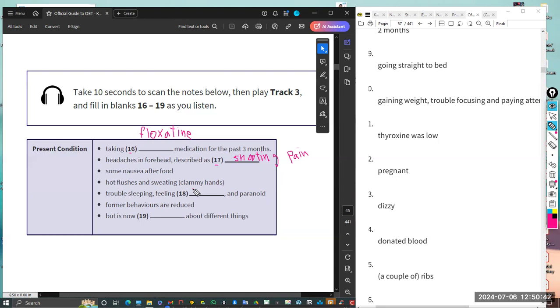A, G, G, I, T, A, T, E, D. Okay, we are going to check that. Now, what about 19? 19, it's worrying. It's worrying about different things. Okay, let me write worrying.